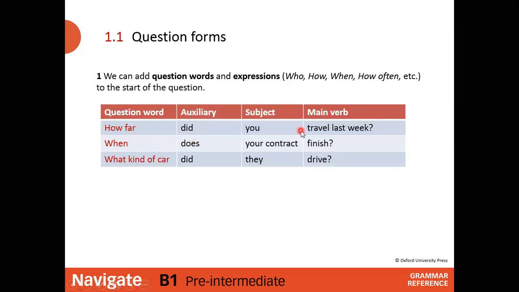So here you can see a beautiful table, and this table has 4 columns: the first column contains the question word, second the auxiliary verb, third the subject, and finally the main verb.